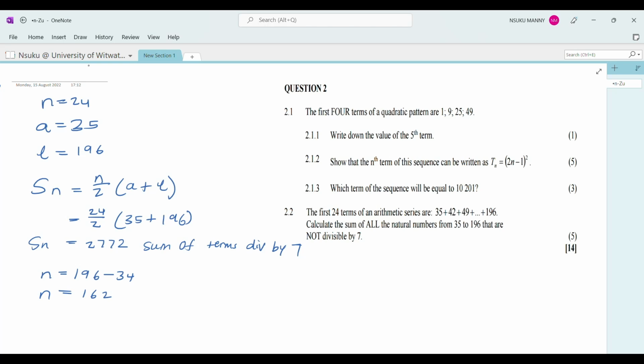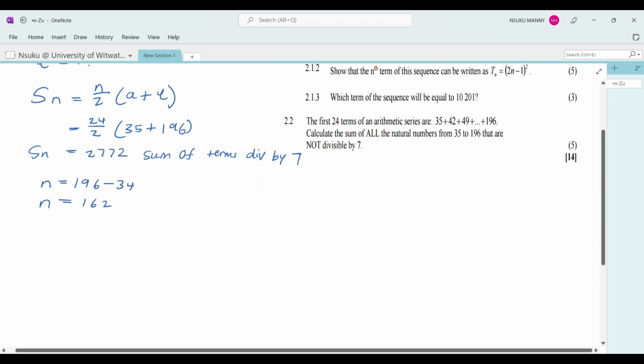So that's how many terms we have from 35 up until 196 if we're adding 1 each time. We have 162 terms.